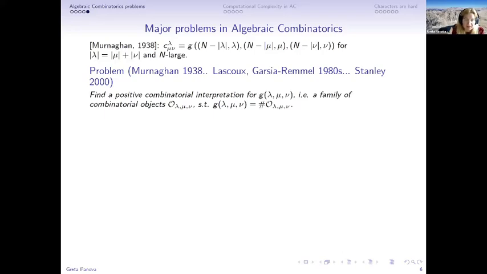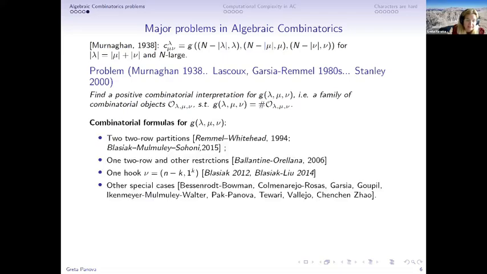And then this was picked up later by Lascoux and Garsia-Remmel, and then Stanley in his famous seminal paper where he listed open problems in algebraic combinatorics, he listed this as problem 10: to find a combinatorial interpretation, something like the Littlewood-Richardson rule for these Kronecker coefficients. And there hasn't been much progress on that, unfortunately. So there are still only very special cases.